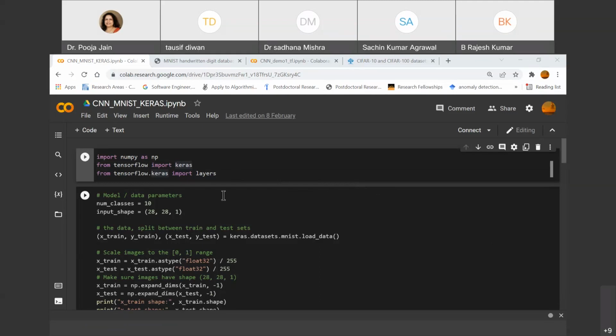When we want to do something from scratch, we should go with PyTorch. Otherwise, we can go with TensorFlow. And if we are working with high-level APIs only, then we can go with Keras. So here we are importing these libraries. NumPy is imported, then Keras is imported from TensorFlow, and the layers are imported. The imported layers can be directly used. Which are the various layers that can be used? Convolutional layer, dense layer, pooling layers, and so on.